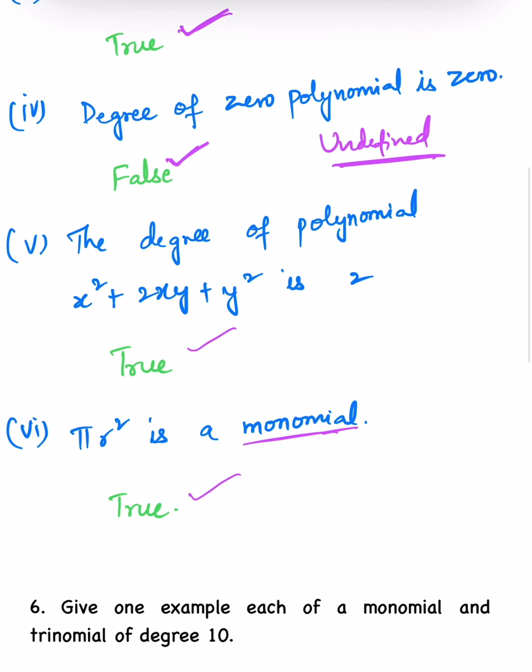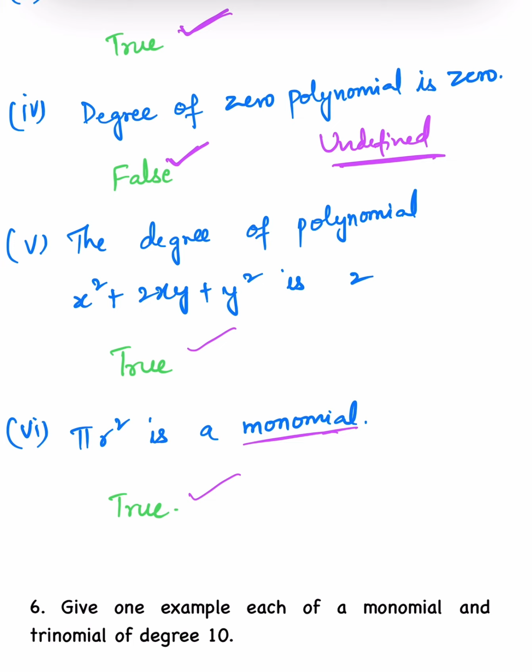The degree of a polynomial x square plus 2xy plus y square is 2. Here, in order to find the degree of a polynomial, we have to first check the variable terms in the polynomial. So, what are the variable terms here? All the three terms are variable terms because all the three terms contain variables.